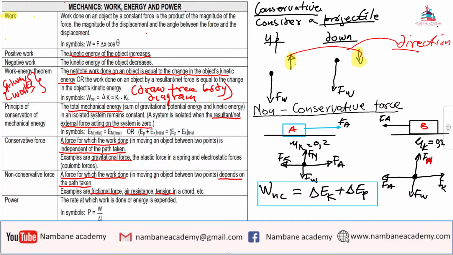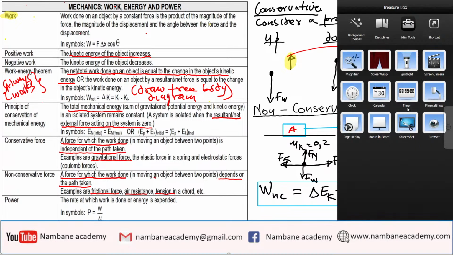If there's friction, then you use work done by non-conservative force. If there's no friction, then you can use the principle of conservation of mechanical energy. I hope that is clear, and I have just explained another concept, which is work done by non-conservative force.